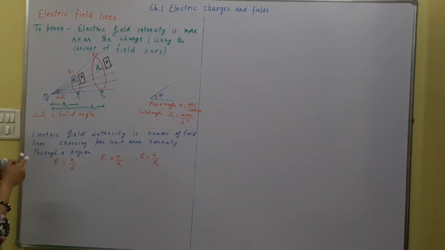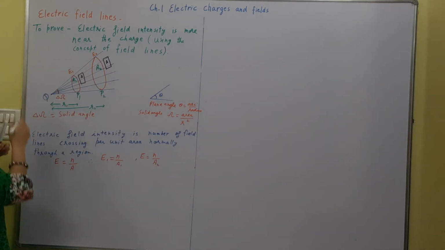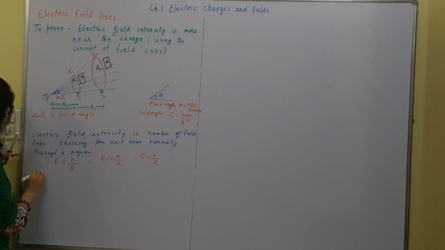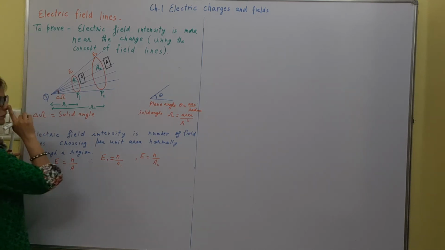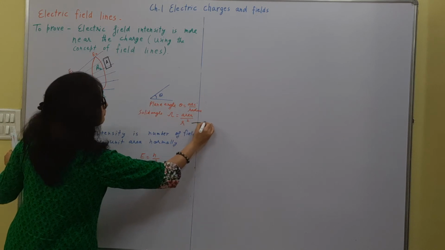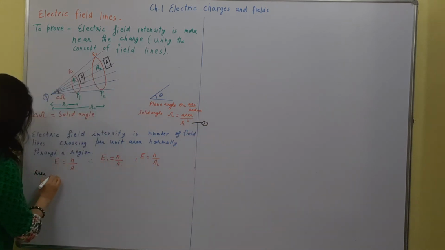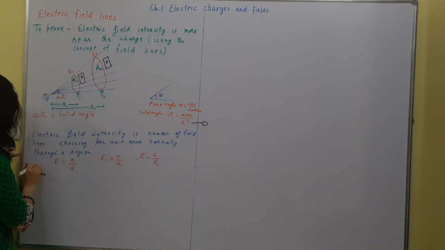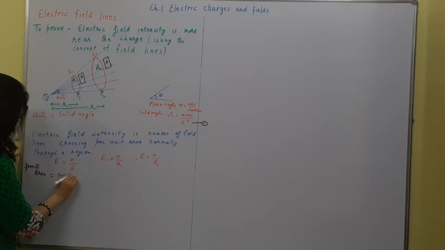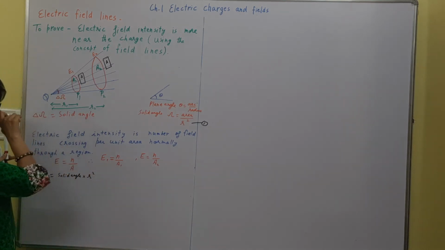So if I want to write the area, from 1, area is equal to solid angle multiplied by distance square, right?